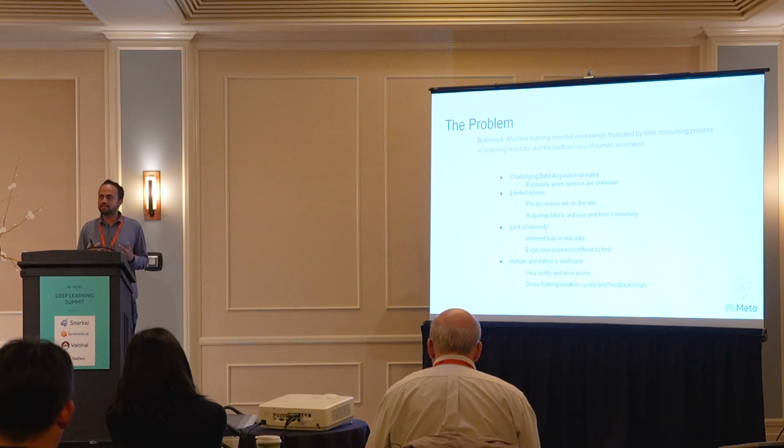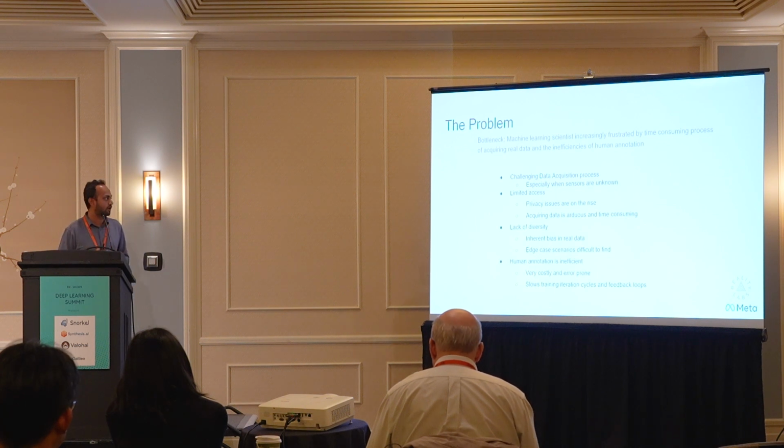First of all, it's expensive to acquire, to get, and it can take large amount of cycles. And even if you acquire these data, they're very costly and error prone. And this gets into this endless feedback loop of going over to your contractors, to your vendors and trying to fix data, and that can take months, years, God knows how long.